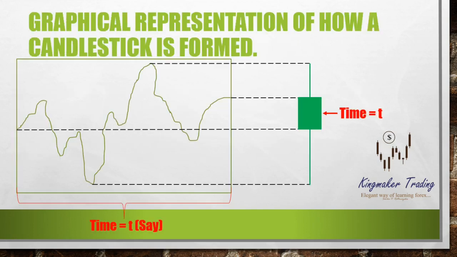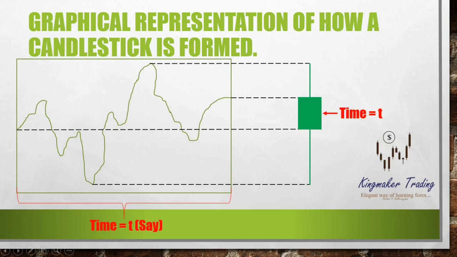Now here is the graphical representation of how a candlestick is formed. Let's say price moves like this: it goes up, down, up, down, up, down. This movement of price during a specific time period, let's say that time is t.